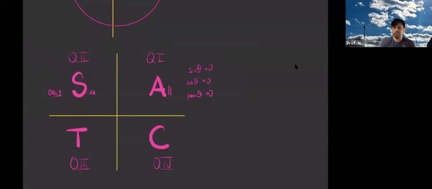Everything else is negative. Cosine is negative, tangent is negative. Only tangent is positive in the third quadrant. And then only cosine is positive in the fourth quadrant.